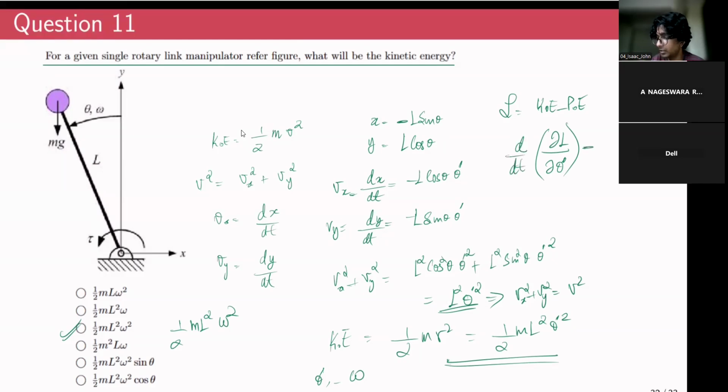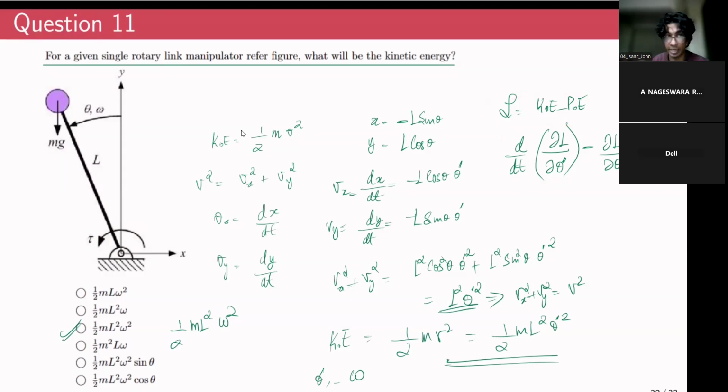If you subtract from this term dou L by dou theta, you will get the torque tau acting on this revolute joint. Because you have already obtained the expressions for KE and PE, substitute them into the Lagrangian equation, do the partial derivatives, and you will be able to find the torque acting on that joint.